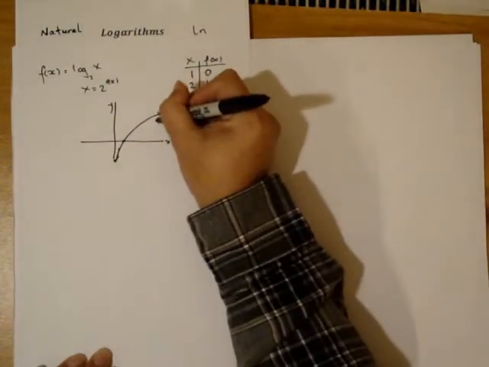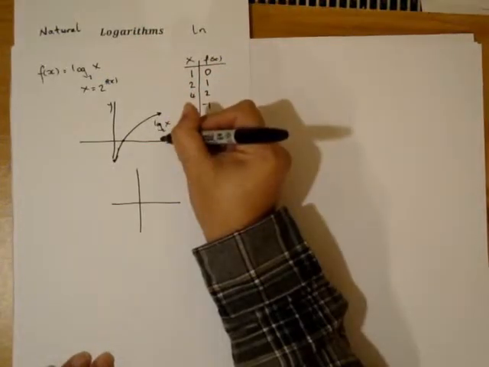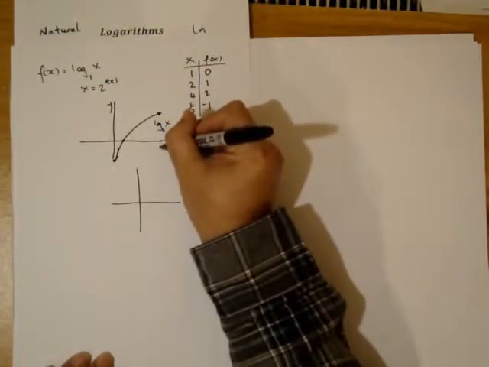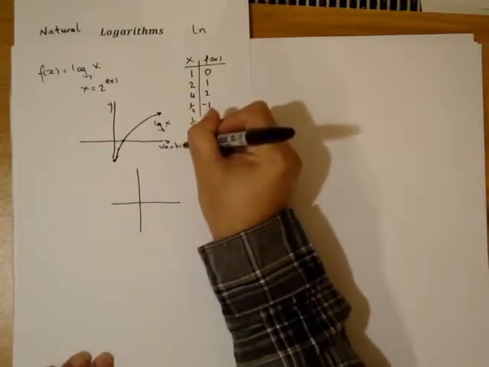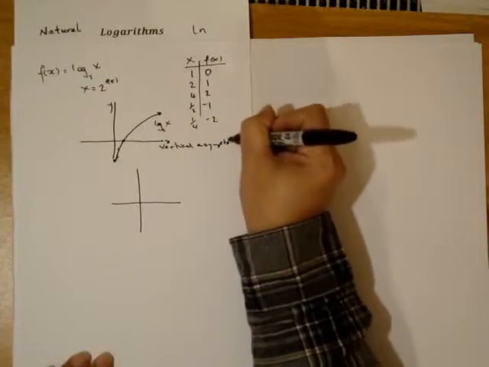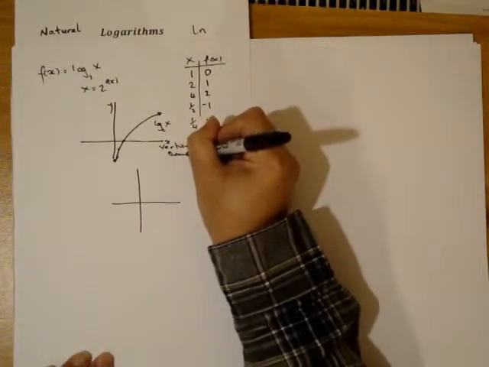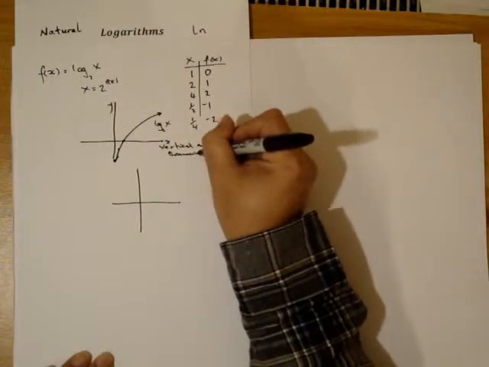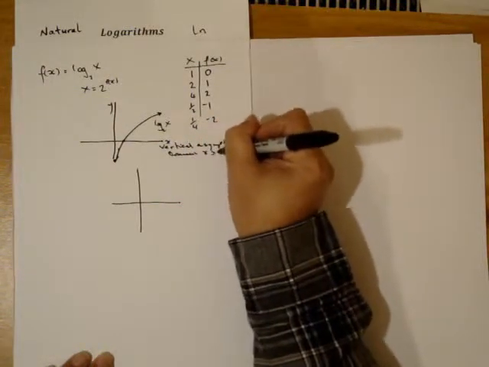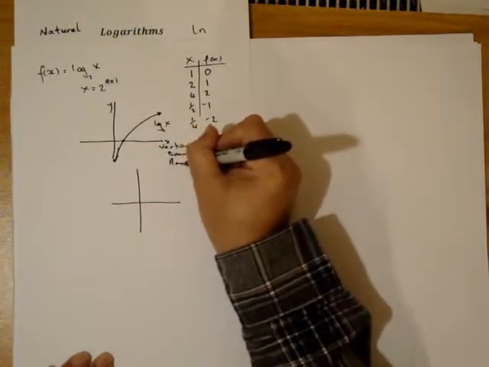So this is log 2 of x. This has a vertical asymptote, has a domain of x is greater than 0, and the range is all real numbers.